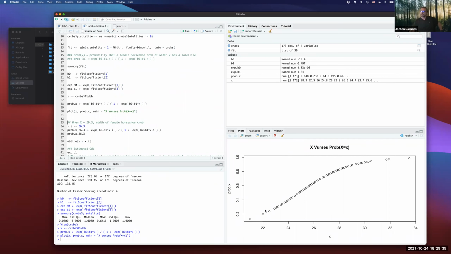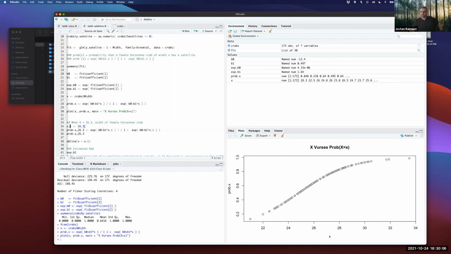We have the x-axis, so that's the width as a function of the probability. We're seeing here now the probability as a function of the width, which is a sigmoidal function. It's not strictly linear.